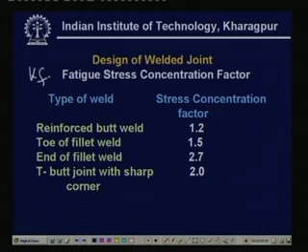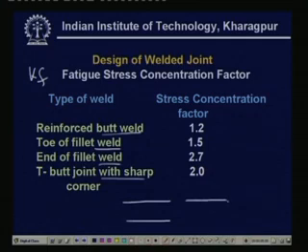Now, it also depends, you see, on different kinds of weld. It is not the material property for different kinds of welds. Here, take an example of a butt weld. If you have two such pieces which are welded, butt welding, then you see that there is an abrupt change in the cross sections.